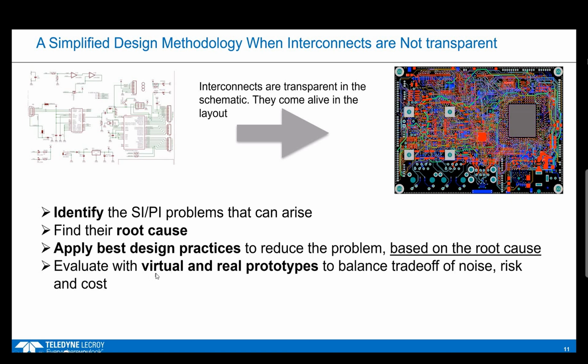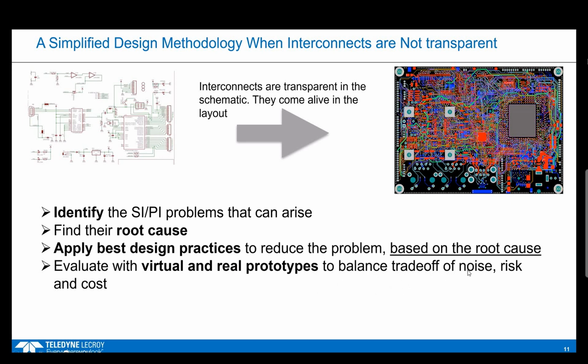And once we've implemented what we think are the best design practices, then we can evaluate how good a job have we done, how much noise is there, how much do we want to pay for that reduced noise, how important is that, balancing those trade-offs using virtual prototypes in the simulation environment or building some real prototypes that are designed to either accentuate the problem or reduce that problem, and again, measure the impact the interconnects can have. And that's how we're going to explore design space to balance those trade-offs.